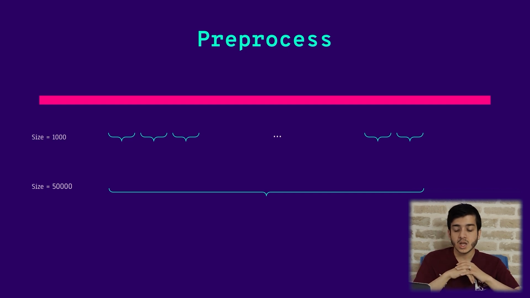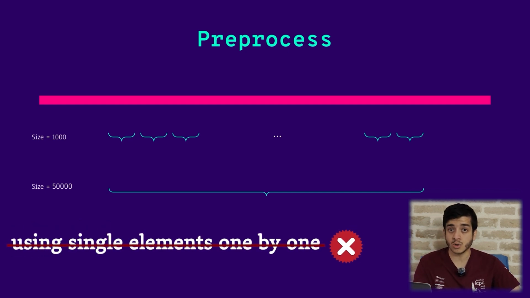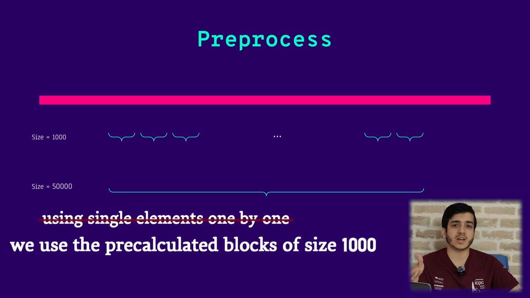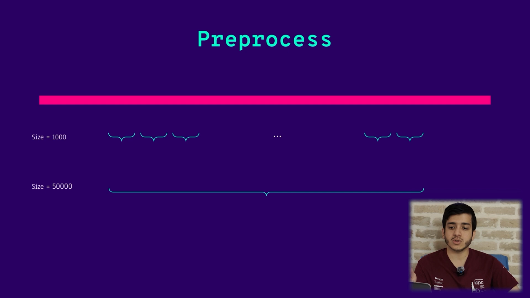So during preprocess, we'll make a trick here. Instead of calculating the blocks of size 50,000 using single elements one by one, we use the blocks of size 1000 inside it. So we use just 50 operations to calculate the minimum of our big block using the smaller blocks.